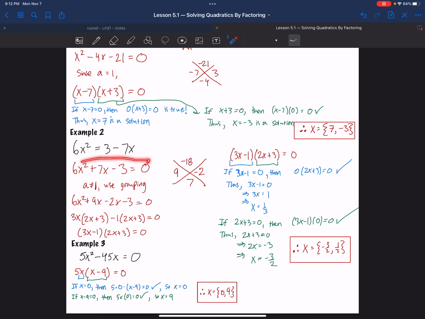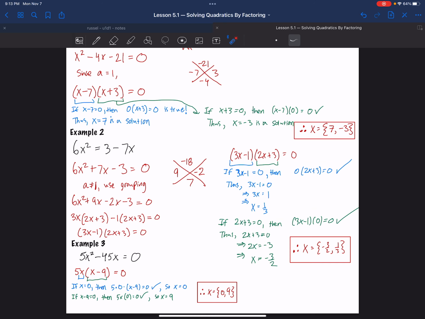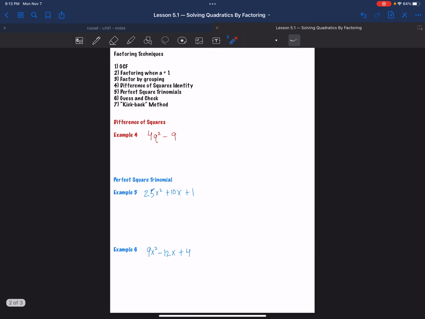You show me standard form, you show me factored form, you show me the answer, I can follow that, okay? I don't need a ton of work. I'm not saying you have to write out these sentences. But they might help you understand the idea if you're struggling with this. Okay, let's move on to factoring techniques.